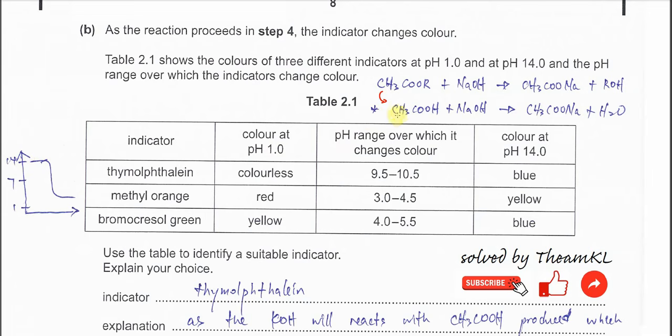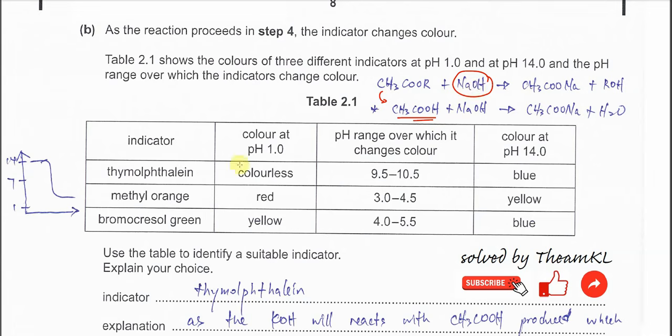This is the pH change during the reaction, because the reaction starts from hydroxide, and the ethanoic acid formed reacts with it, so the amount gets lesser and the pH drops.